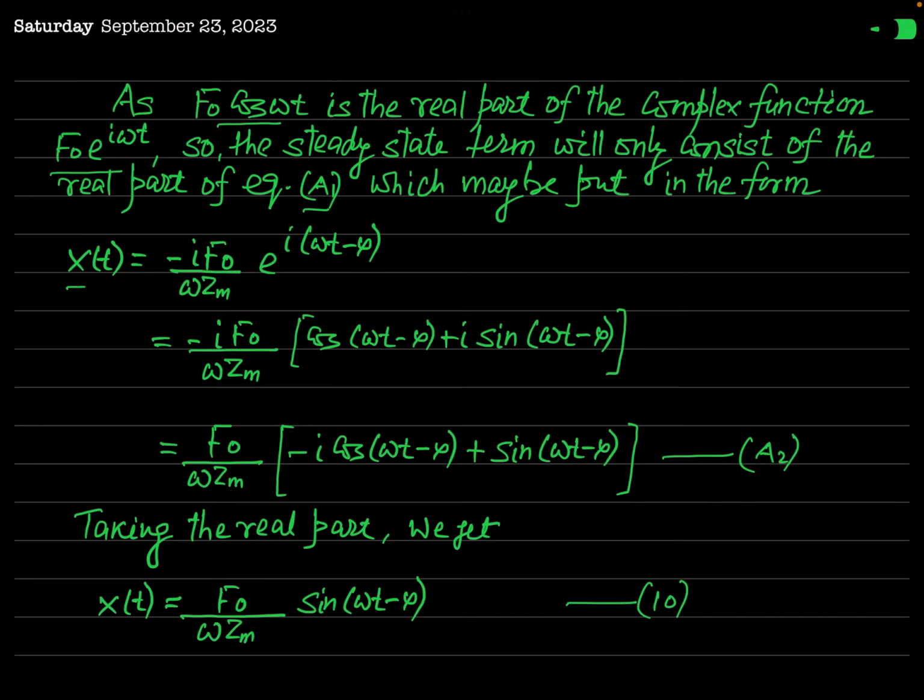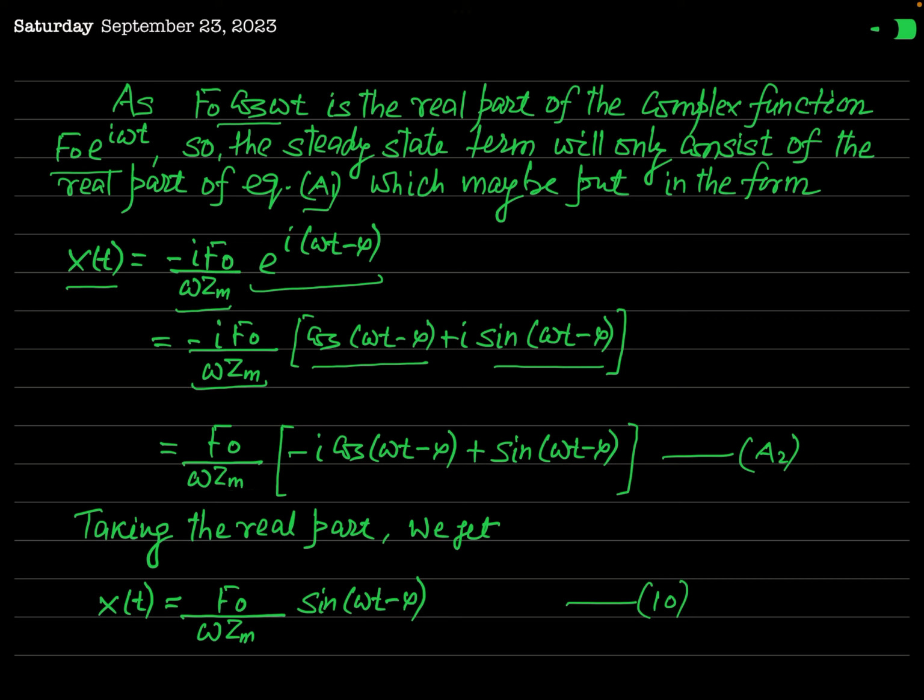You have seen that x of t is equal to minus i f naught by omega zm times e to the power i (omega t minus phi). Now this e to the power i (omega t minus phi) can be written as cos(omega t minus phi) plus i sin(omega t minus phi). And this factor minus i f naught over omega zm remains as it is.